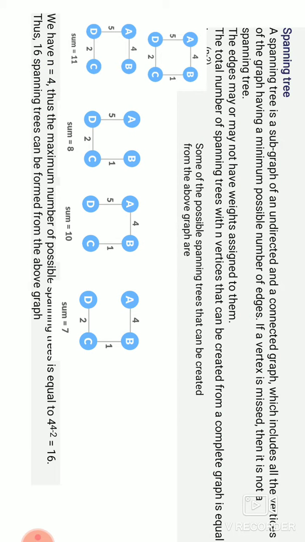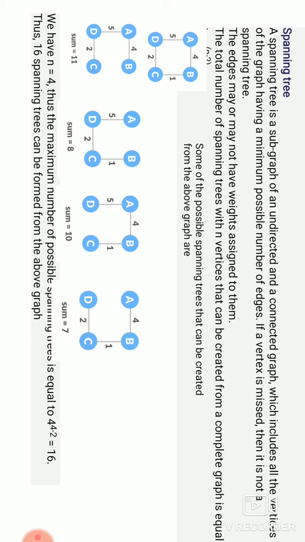So minimum spanning tree. A minimum spanning tree is a tree in which the sum of all the weights over the edges is minimum, as much as possible. In our previous example, we had come across many subgraphs and we have taken only a few of them. Among these spanning subgraphs, the one which is minimum is the fourth one, the last one, A to B, B to C, C to D, which will weigh only 7.